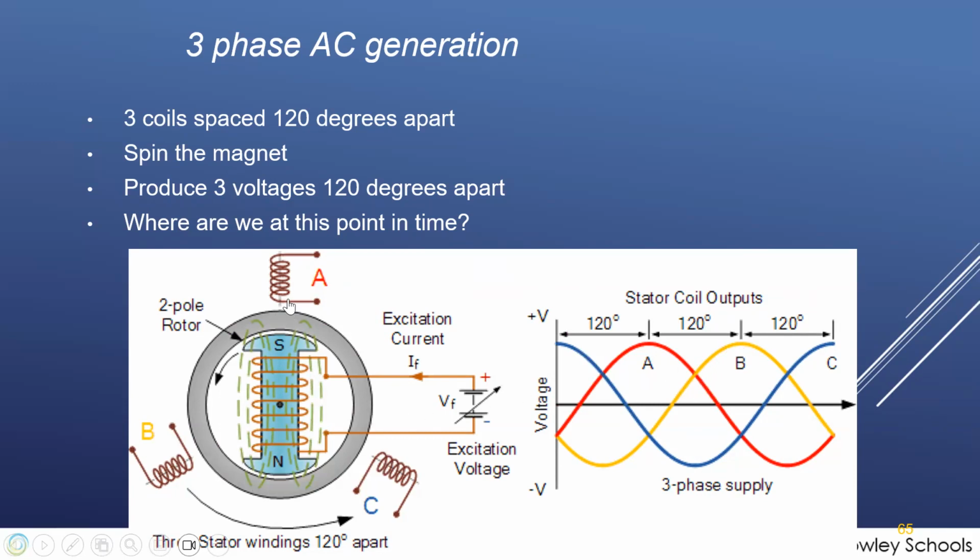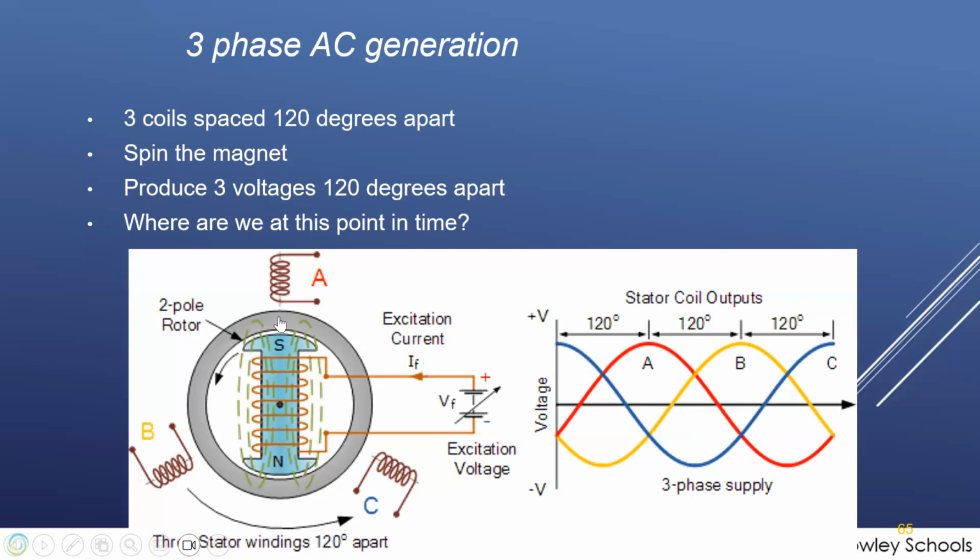Obviously we're aligned with A phase. B phase and C phase are 120 degrees apart. Using conventional current flow, using connections at the other end of the machine, where are we at this point in time? A vertical line on here will tell us.